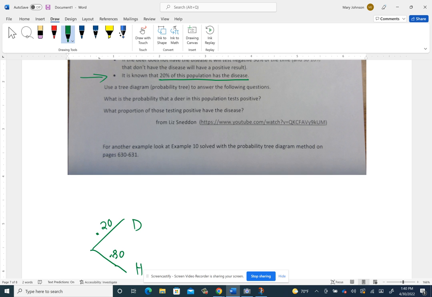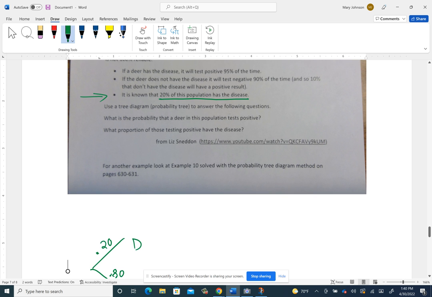Then let's go to the first bullet, which says if a deer has the disease, so that's this first branch, it will test positive 95% of the time. Some of them are going to test positive, some are going to test negative. We're not talking about whether they actually have the disease or not. We know they do. We're just indicating whether the test was positive or not.